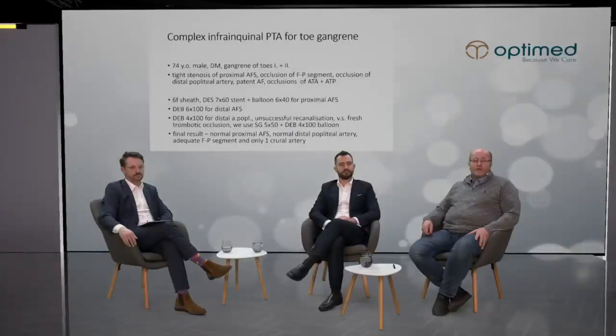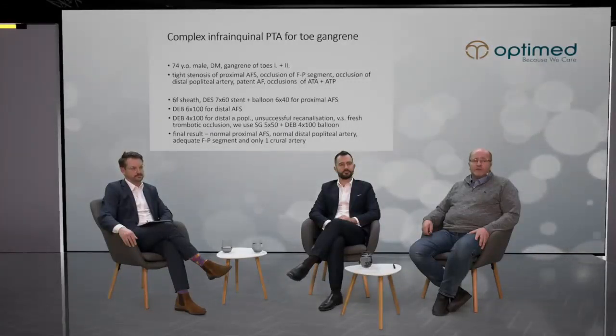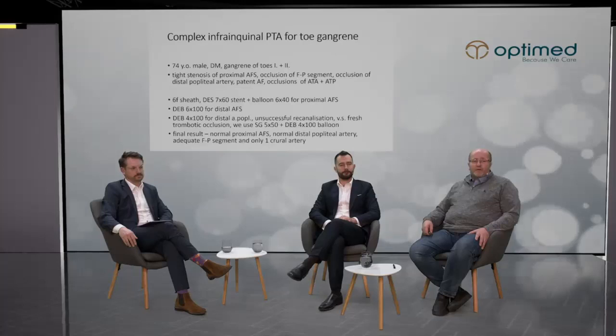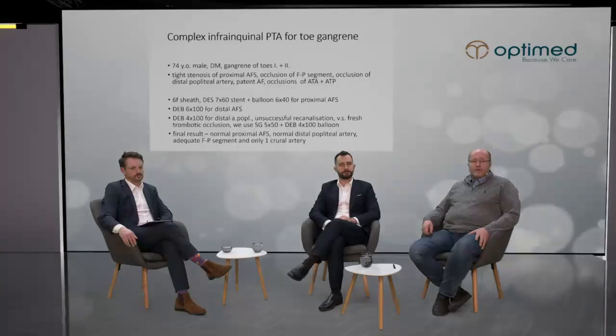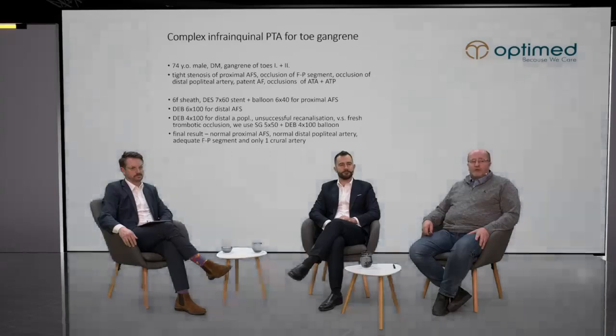For the femoropopliteal segment, we use a 6 millimeter drug-eluting balloon, and for recanalization of the popliteal artery, we try a 4 millimeter balloon.